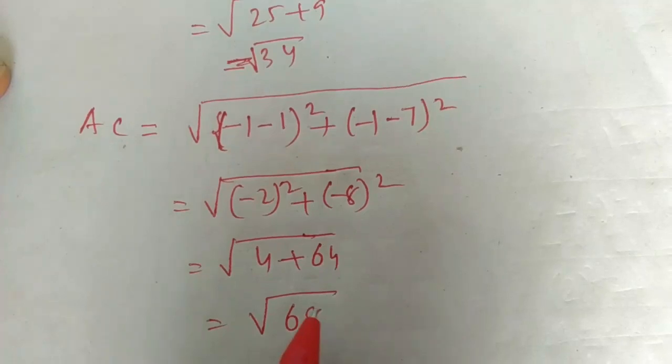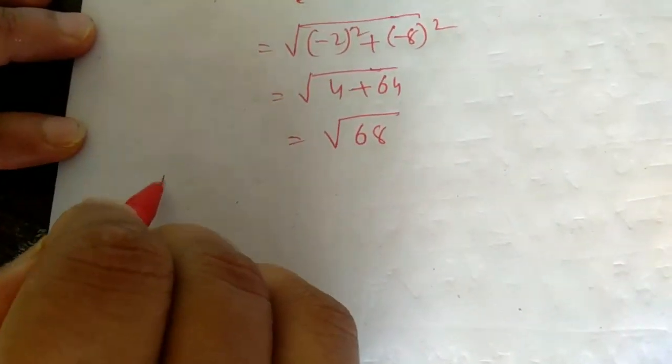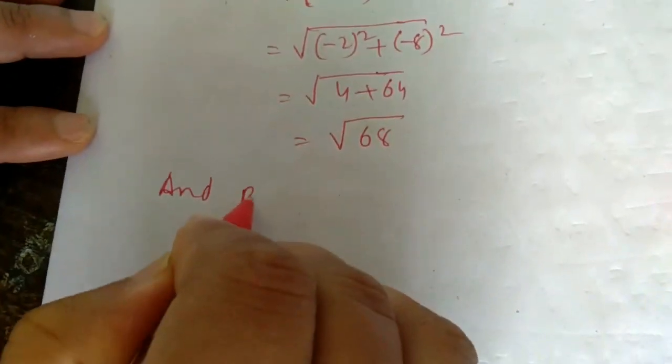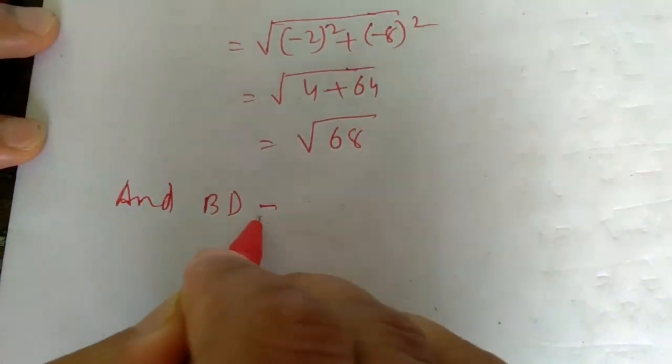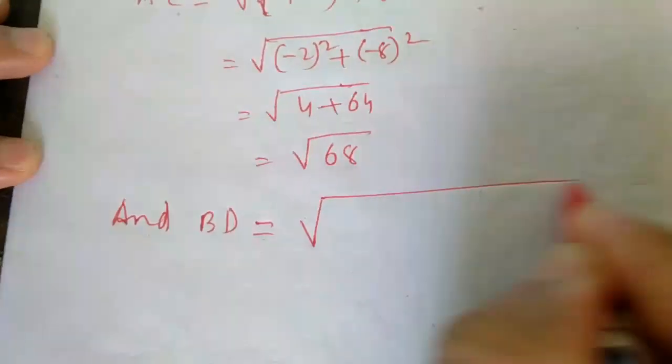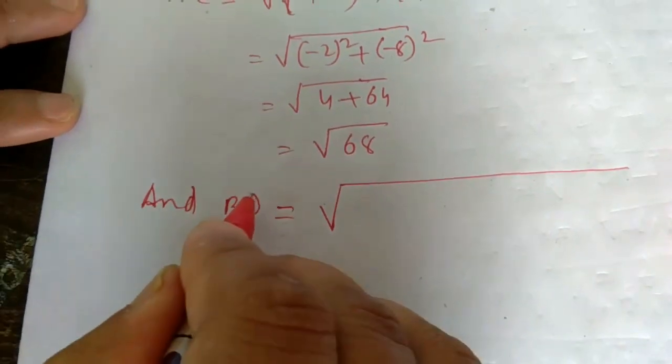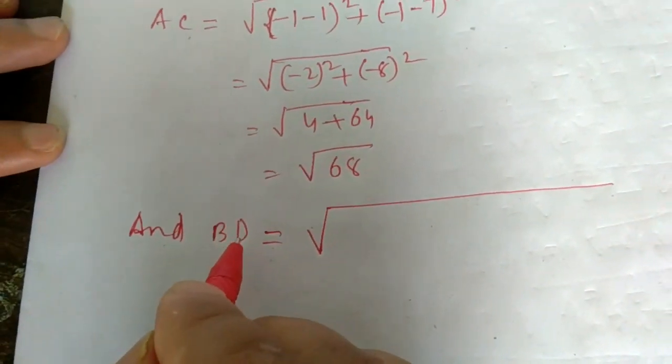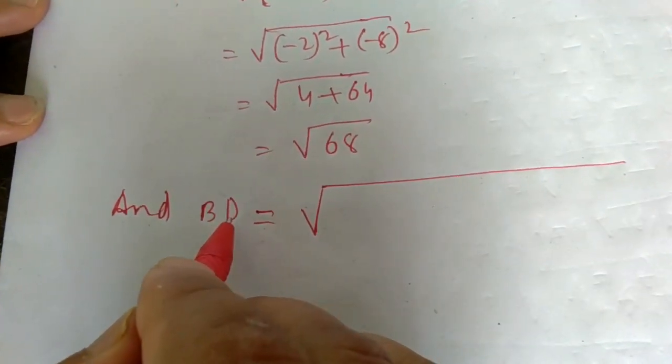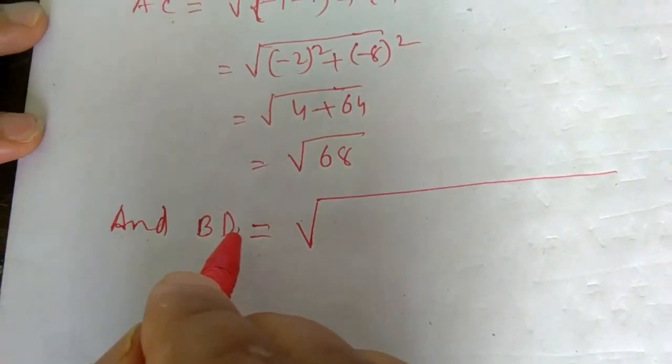64 plus 4 is 68. And lastly you have to find BD, same formula, distance between B and D. Here D is in second place, so the coordinate of D will be x2, y2, B will be x1, y1.